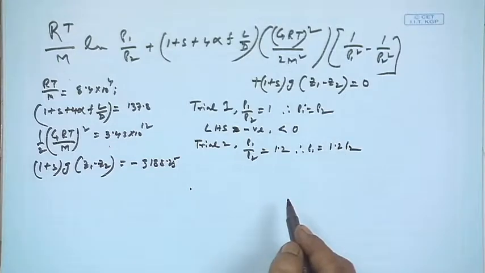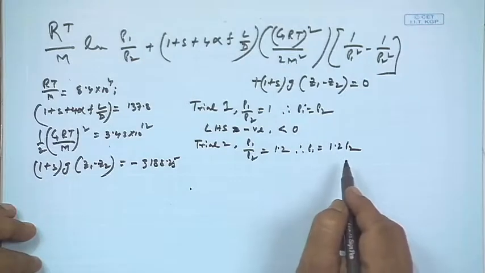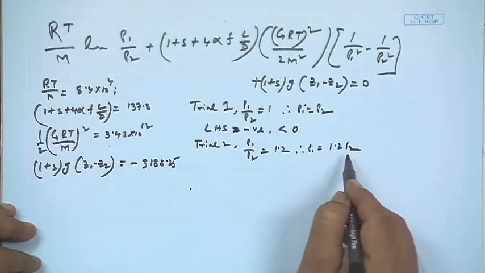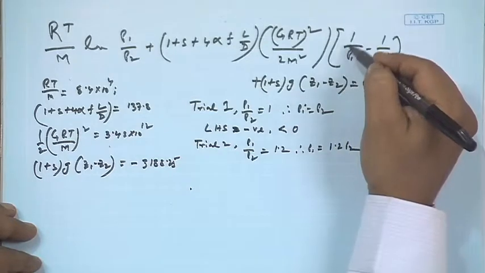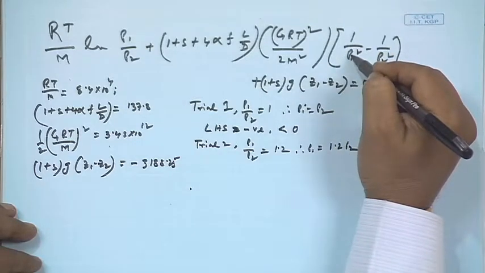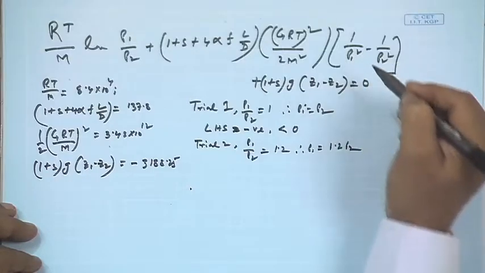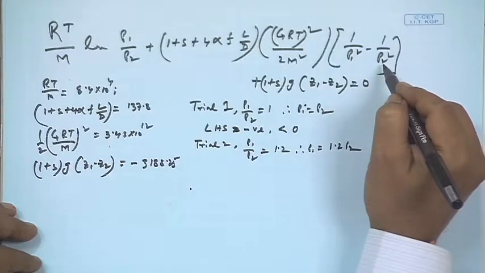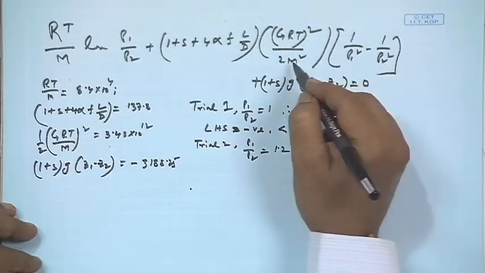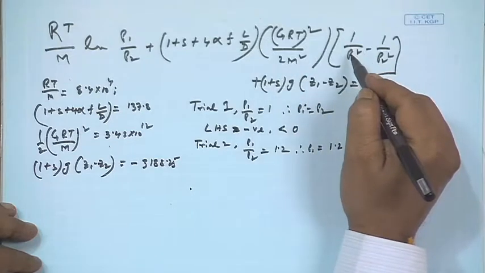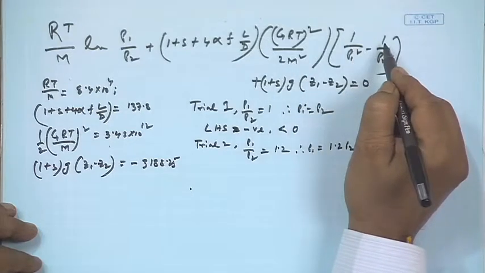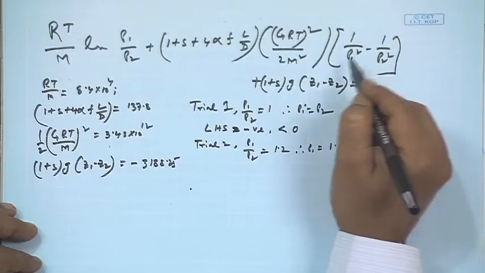Instead of P1 we had written 1.2 P2, so here it was 1.2 P2 square, and here 1 by P2 square. If we take P2 square out, 1.2 square minus 1, that became negative.